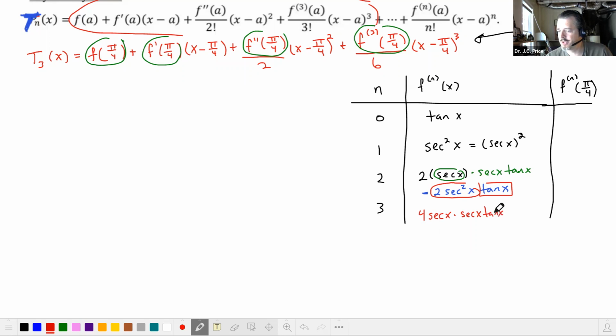That's the derivative of the first times the second, so times the tan x. It's a product rule, so then it's plus the first function, 2 secant squared x, times the derivative of tan of x, which is secant squared x.